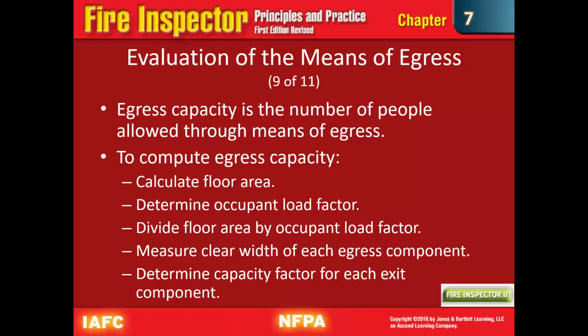What we just went over is how we're going to figure out how many people are there. We're going to have our safety factors in there, making sure that it's going to be wide enough, and that's going to be your hallways, your doorways, and all that. And determine your capacity factor for each component, like I said, being your doorways, your hallways, your stairwells, and all that.